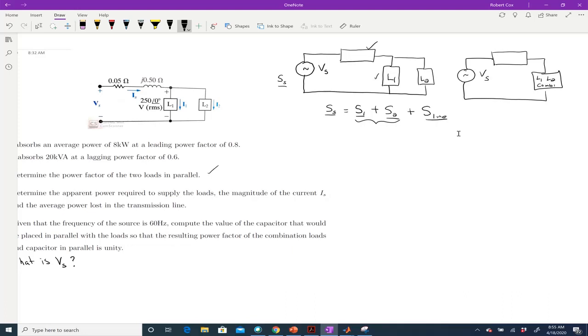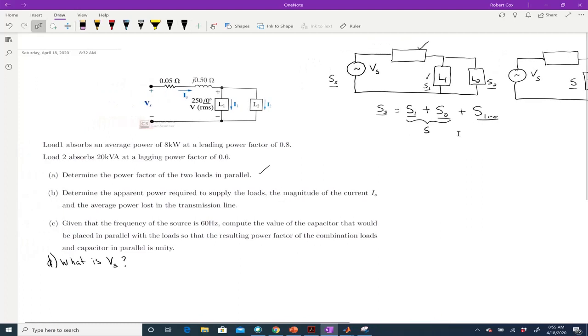These are represented by what I'll call S, whereas this guy is S1 and this guy is S2. In other words, S is the additive sum of S1 plus S2, and the total power coming out of the source is S line plus the power that goes to each one of those. And when I say power, in this case I mean the complex power.